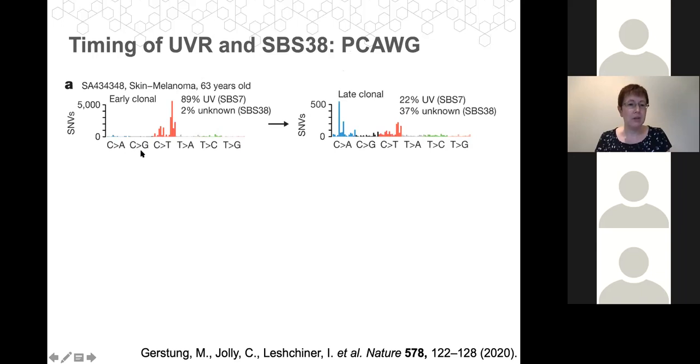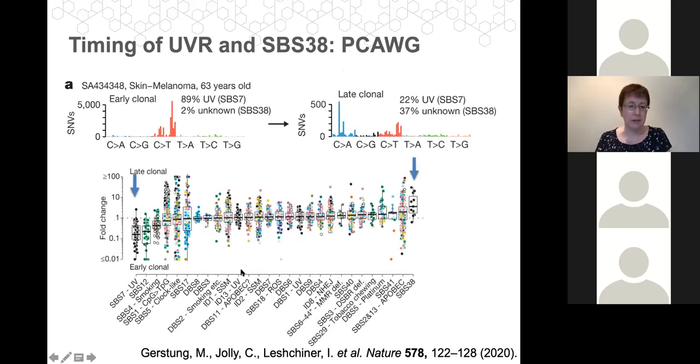And they showed, comparing the signatures in earlier clonal mutations with later clonal mutations, that UV signature was higher in the early clonal stages, whereas the SBS38 was higher in the later clonal stages. And this is reflected in their overall summary of the signatures they found in the various cancer types, with SBS7 being the earliest in terms of early clonal events, and SBS38 being the later clonal events.